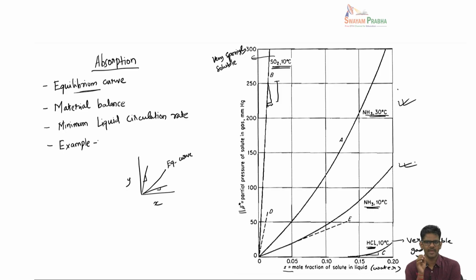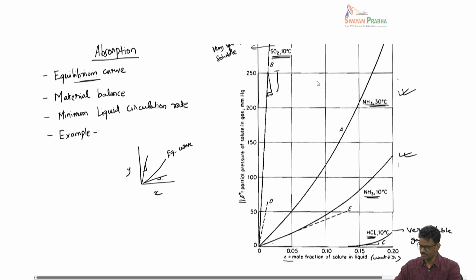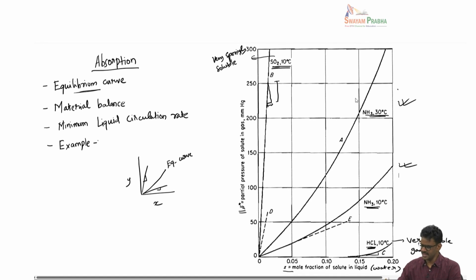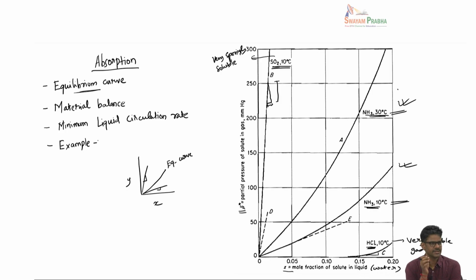So clearly the solubility data depends on the solute in question as well as the liquid that we are talking about. Another thing we can infer from this plot is that if you take the same component like ammonia, but look at the data for two different temperatures, 10 degrees Celsius versus 30 degrees Celsius, you see that as you increase the temperature, the solubility of the gas in the liquid decreases.